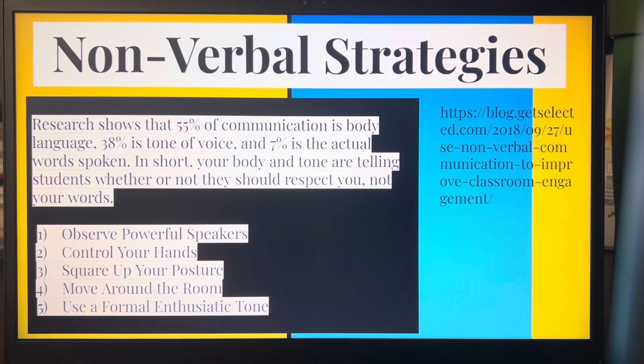We like to call it at my school the power zone, where you're always in the middle of the room. You're known. Your students can see you. They can see the look on your face, if you're pleased, or if you're disappointed with a frown. And also using a welcoming, positive tone is greatly beneficial.